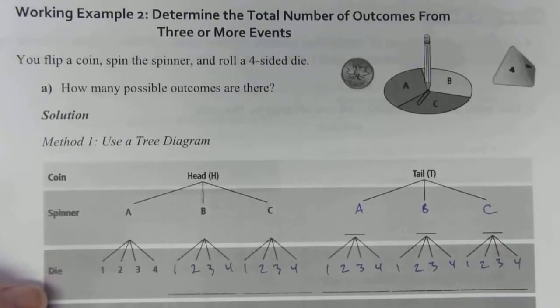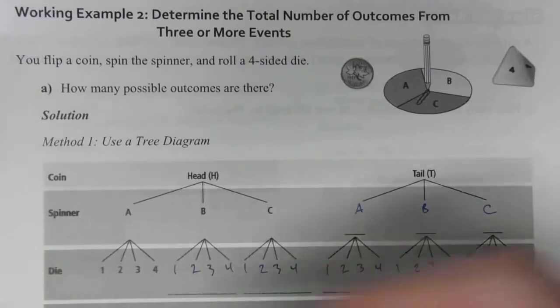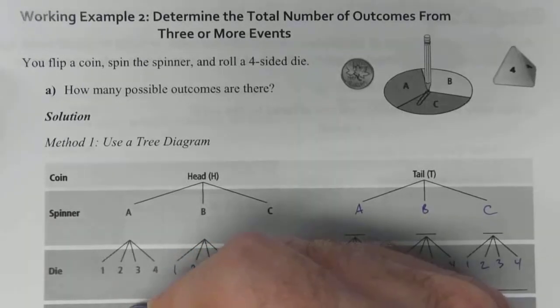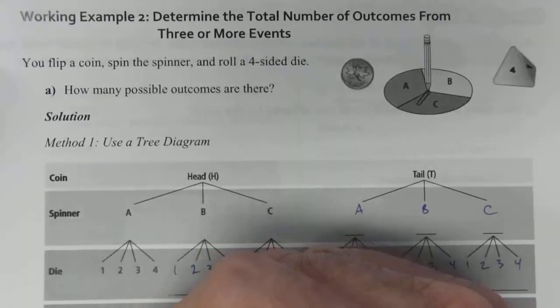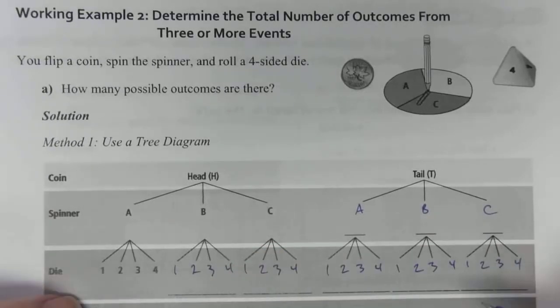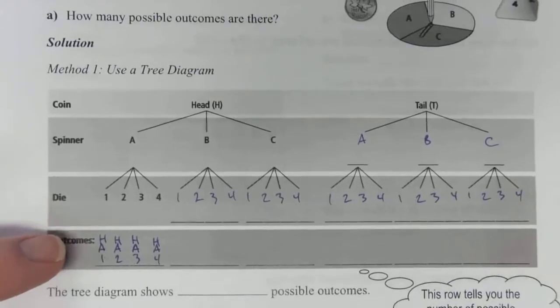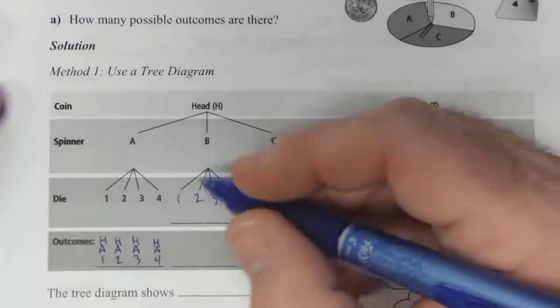So there are a lot of possible outcomes. So you can get a heads, an A, and a 1. I'm writing these vertically on here just because there isn't enough space to do them in a row with commas.